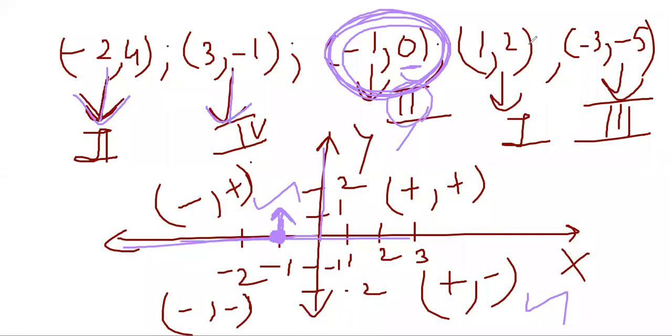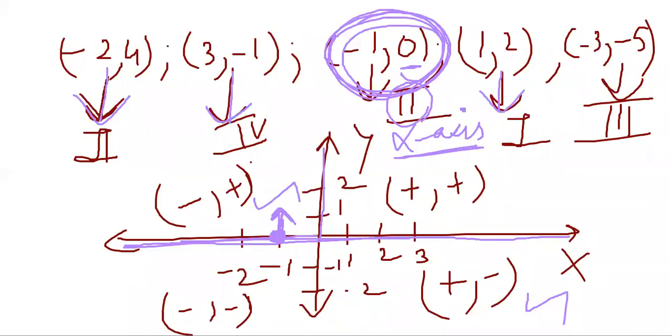X axis. X -1, y 0. Y 0 किस पे होता है? X axis पे. So that means this will be on x axis. Yes, on x axis. Very good.